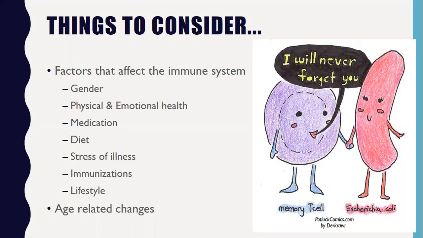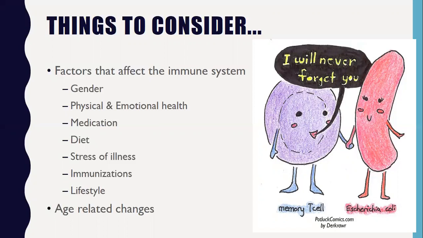Medications such as antibiotics, corticosteroids, aspirin, NSAIDs, and cytotoxic medications will all affect immunity. A diet low in iron, vitamin D, and protein will all affect those cells that are used to fight things off.